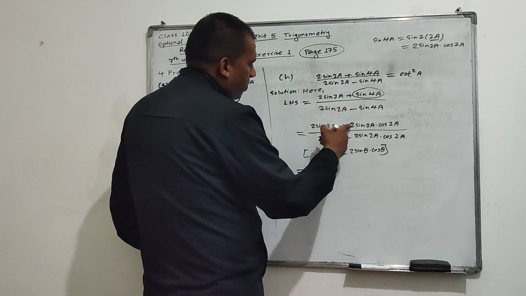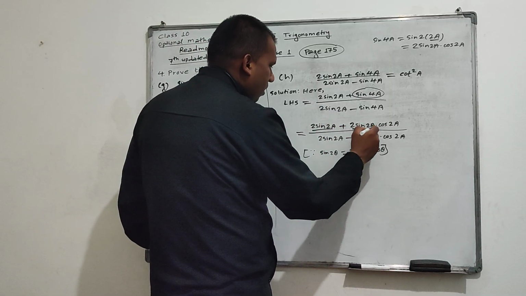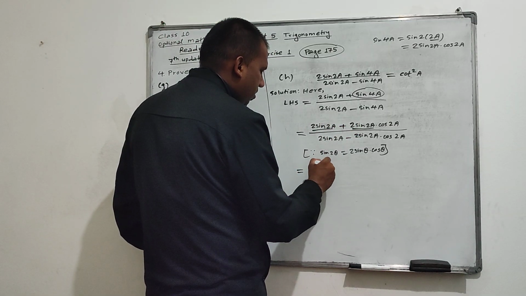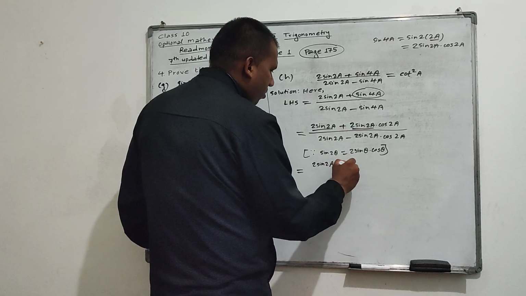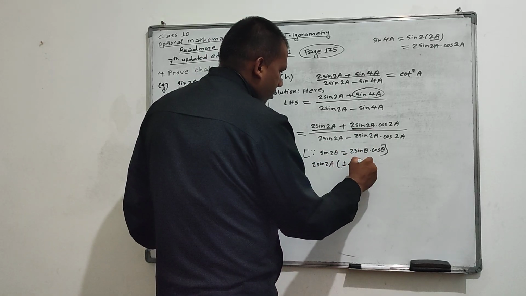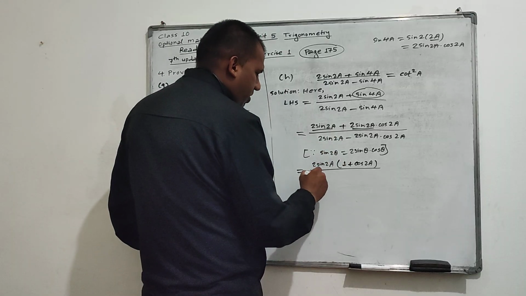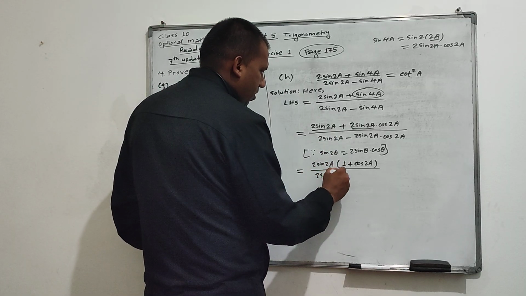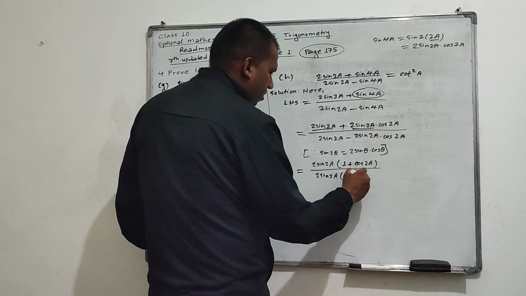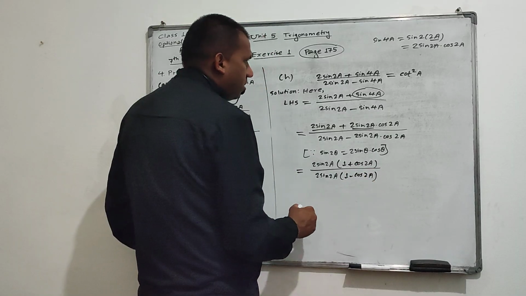Then 2 sine 2a is common over here. Taking 2 sine 2a common, remaining 1 plus cos 2a, whole upon downside 2 sine 2a common, remaining 1 minus cos 2a.